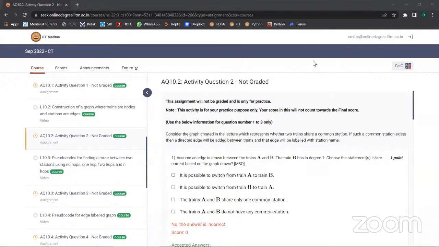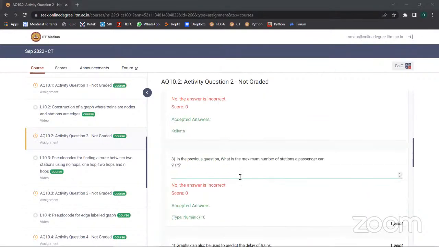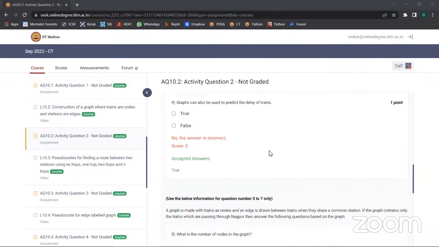In lecture 2, what the professor discussed is that because of some conditions, some situations, trains might get delayed. Maybe there is rain, flooding, an earthquake, or some other issue, natural or unnatural, doesn't matter. But because of that, one train may get delayed.